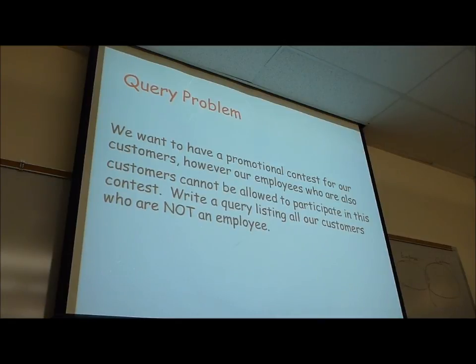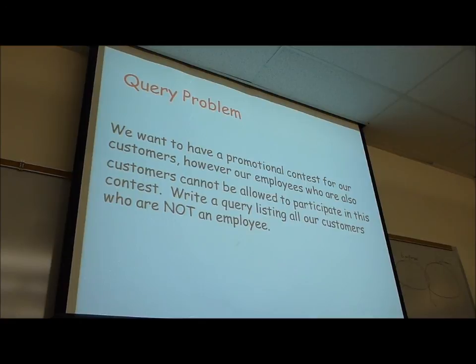Oh, we want to have a promotional contest for our customers. However, our employees who are also customers, this guy's not going to be allowed to participate in the contest, because that was too legitimate.